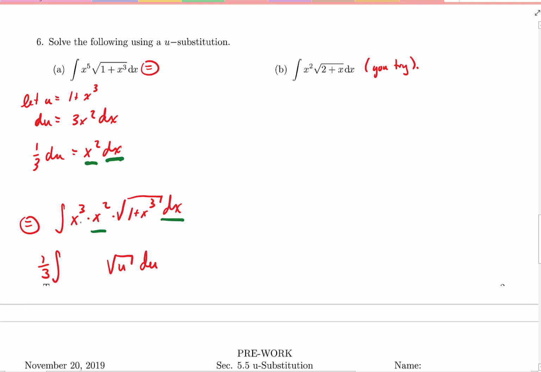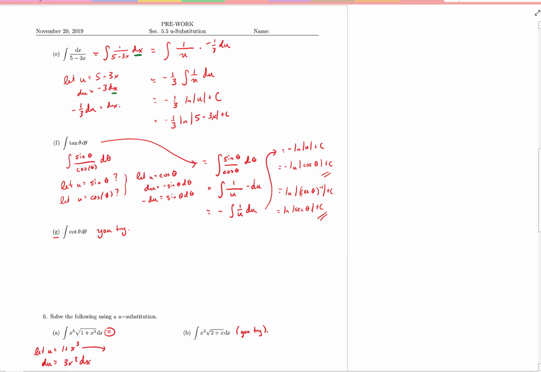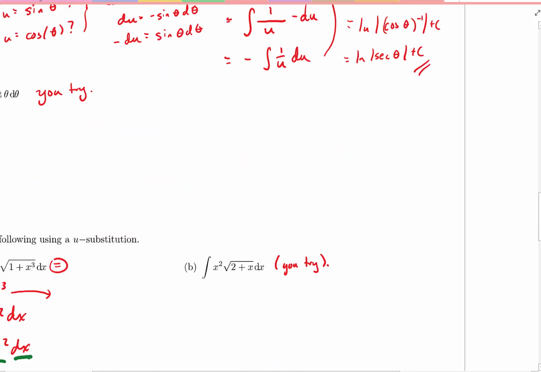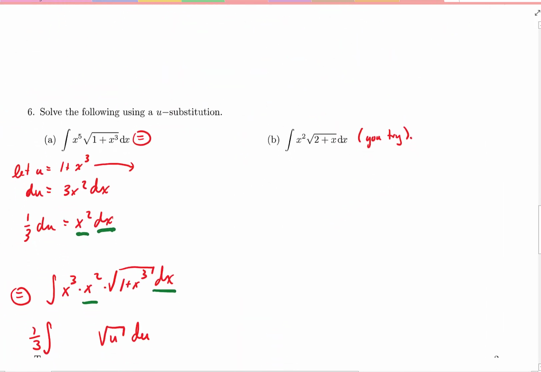What can we do? Well, this is the first time we've done this trick in this class. Even though I let u equal 1 plus x cubed, if I solve this expression for x cubed, I would get that x cubed is equal to u minus 1. So this is what I'm going to plug in for this x cubed right here. So we get u minus 1.